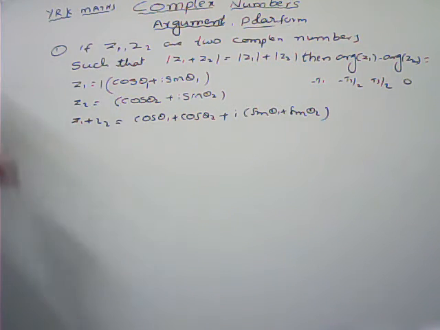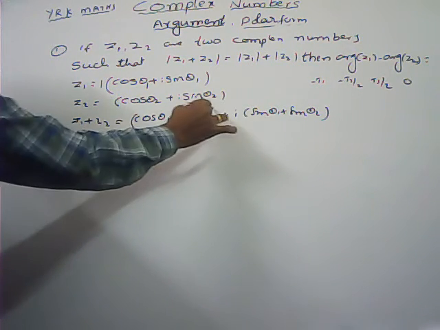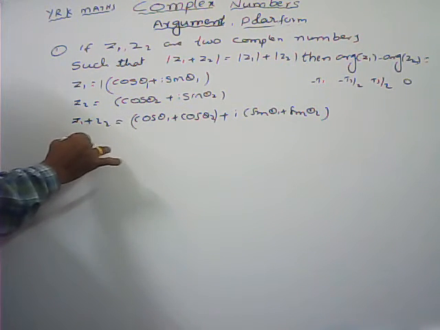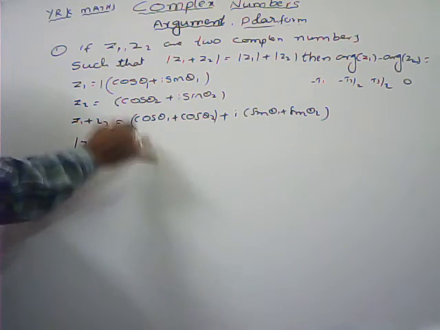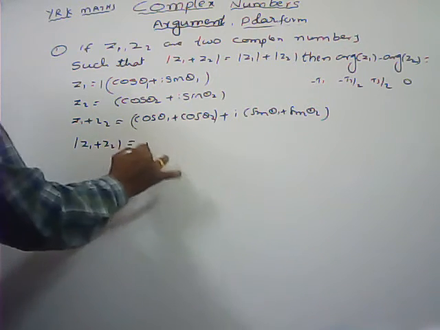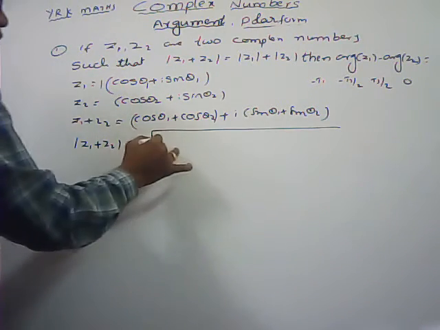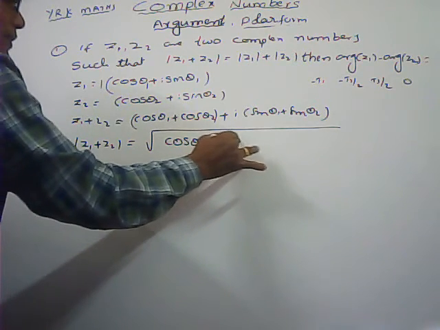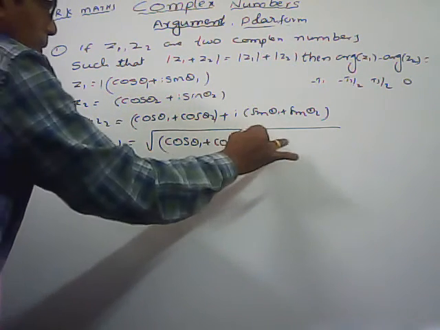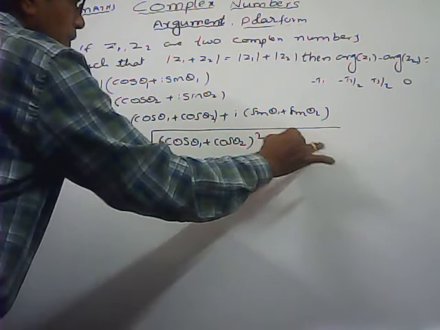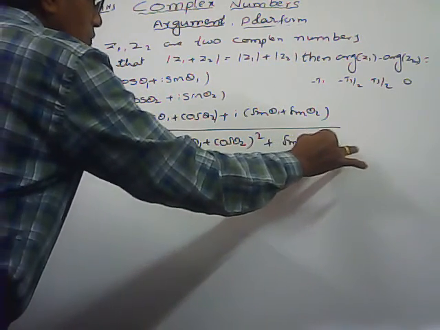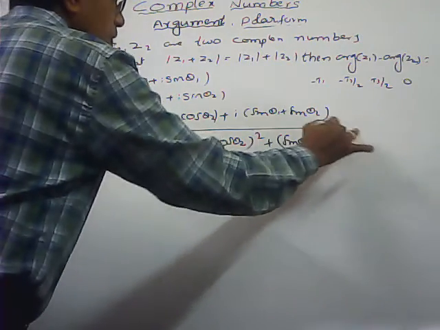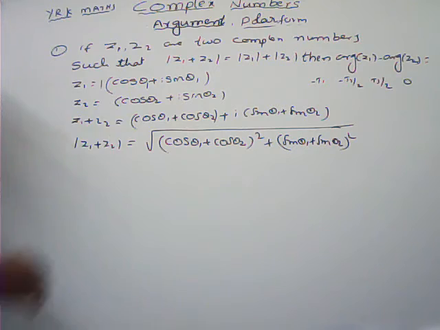This is Z1 plus Z2, one complex number only. How to find the modulus? Modulus of Z1 plus Z2 is the square root of the real part whole square, cos theta 1 plus cos theta 2, plus the imaginary part whole square, sin theta 1 plus sin theta 2. Expand this.